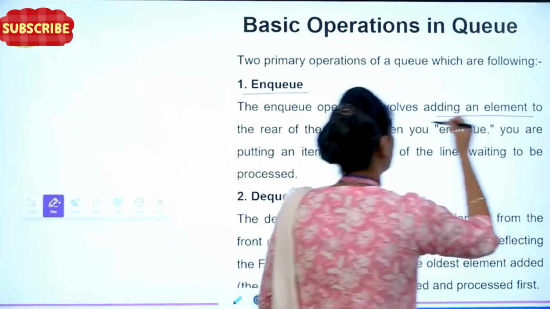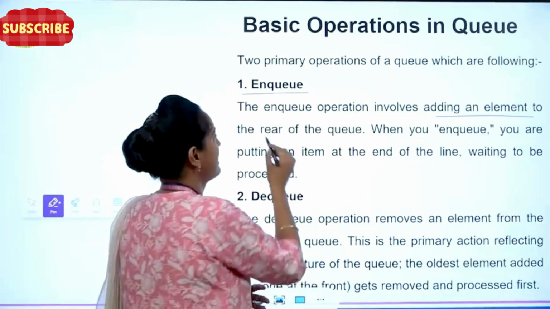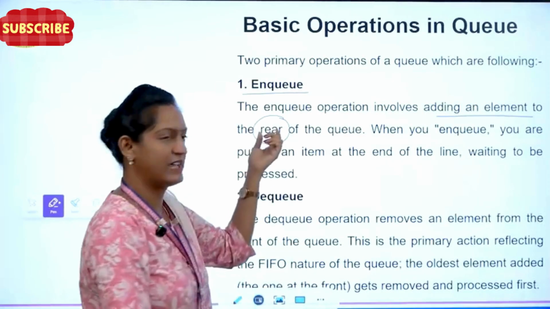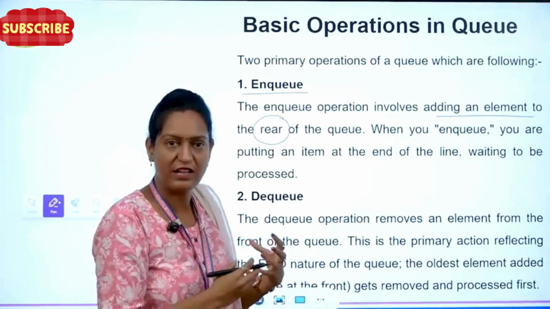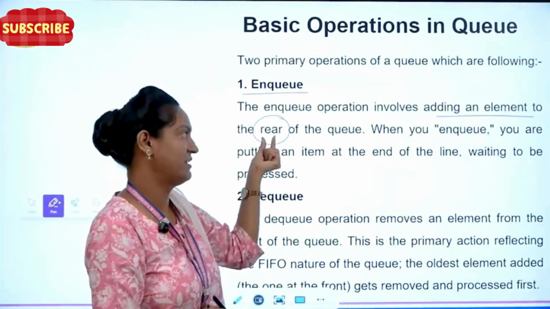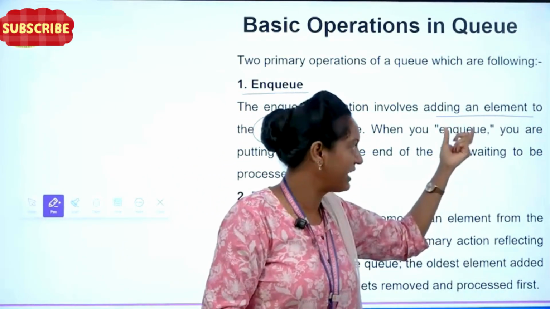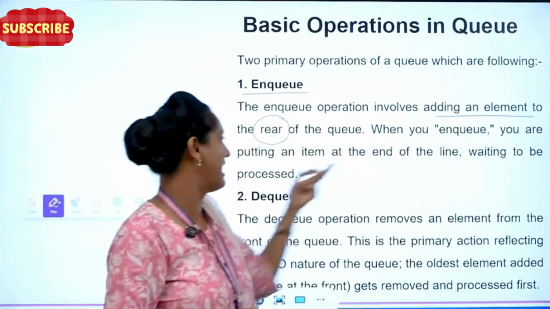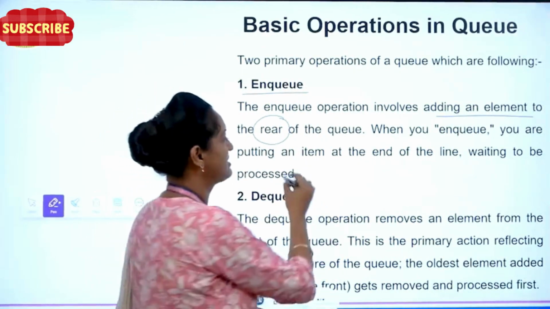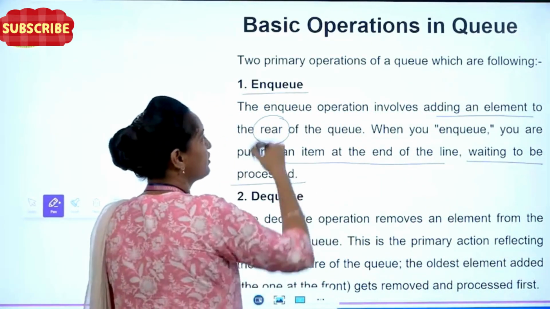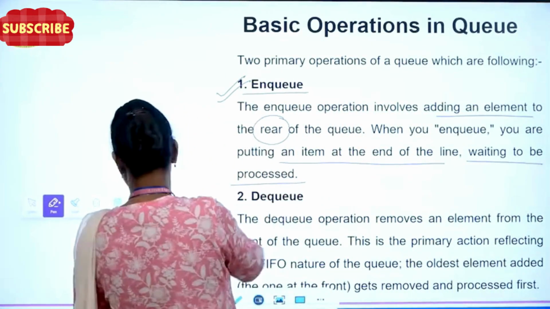Adding an element to the queue, but from which place? It is very important to understand, from where. It's inserting a new element from the rear. When we are doing Enqueue, that means inserting an element, we are putting an element at the end of the line waiting to be processed. So this operation is known as Enqueue.